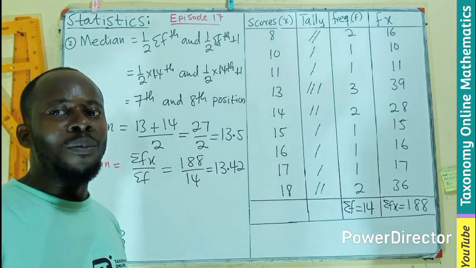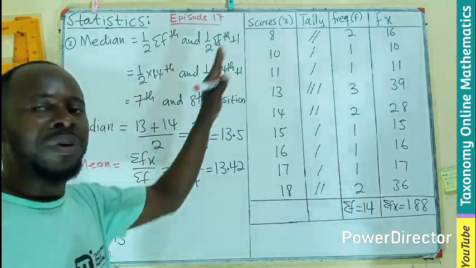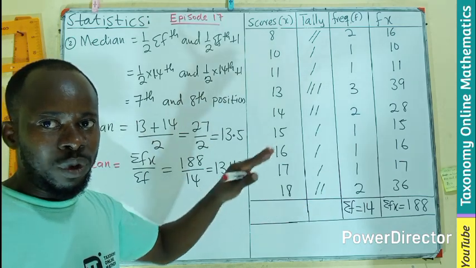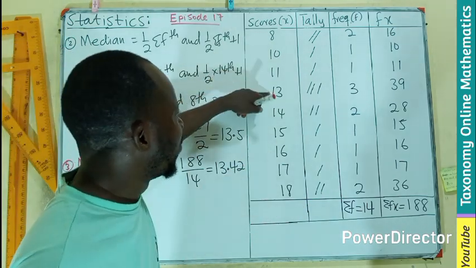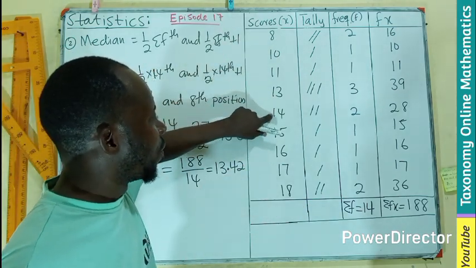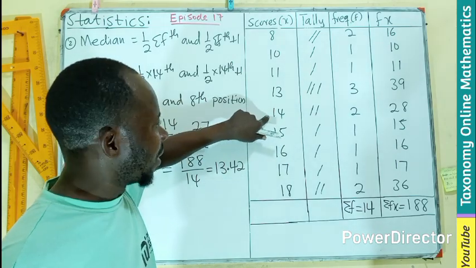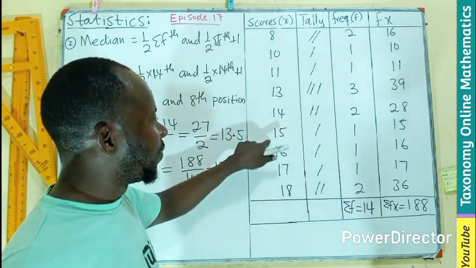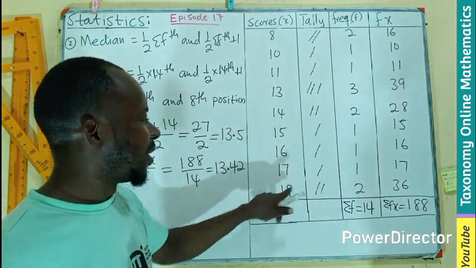But the question was, how many students have above the mean? People who have above the mean are going to be 14. One person, okay, 2 people. 15, 16, 17, and 18.